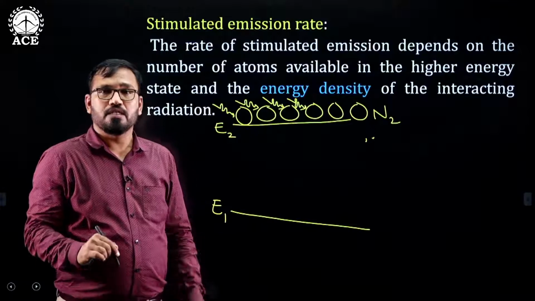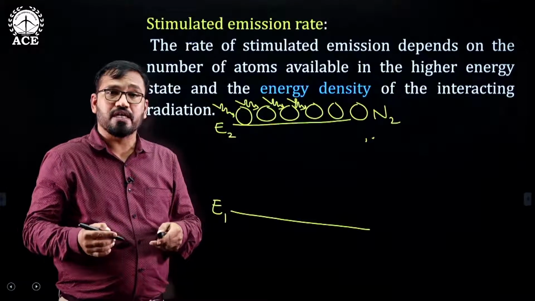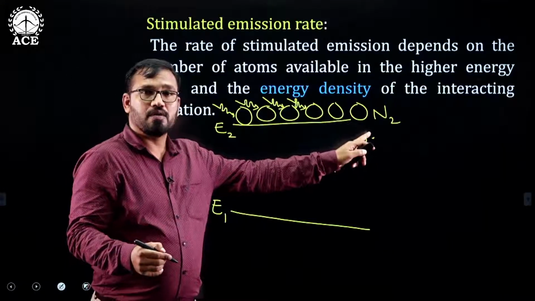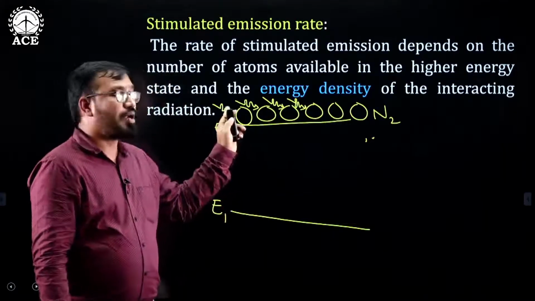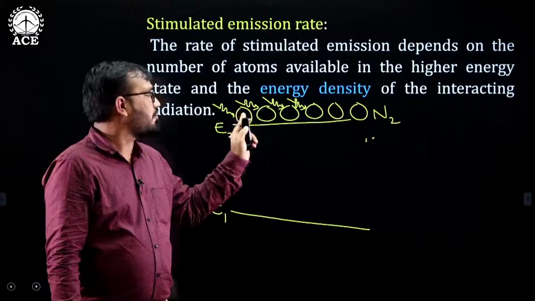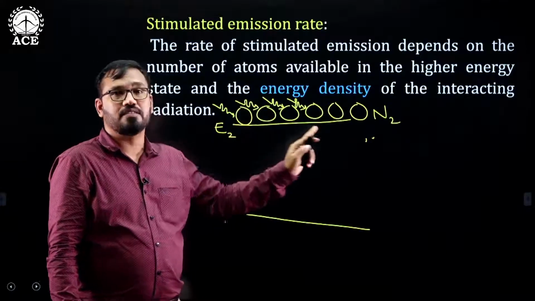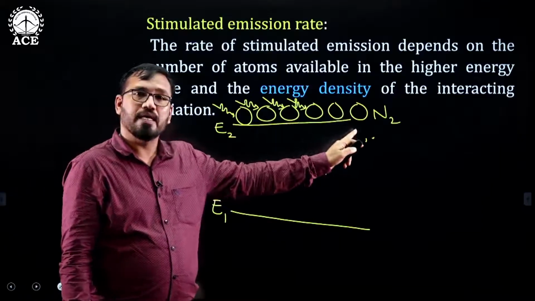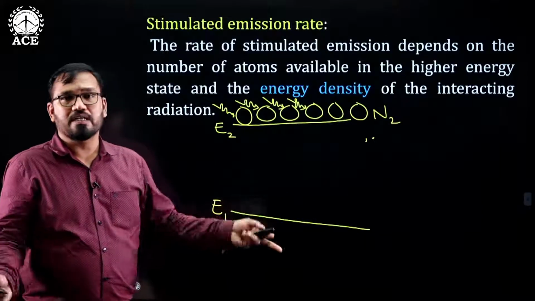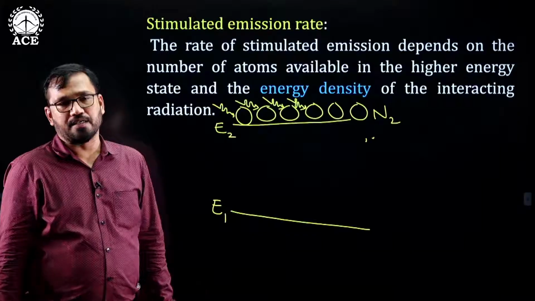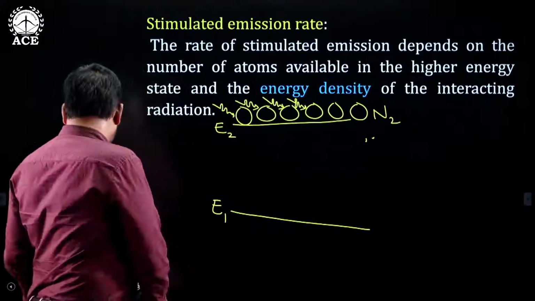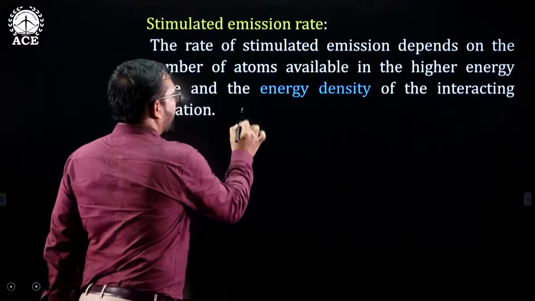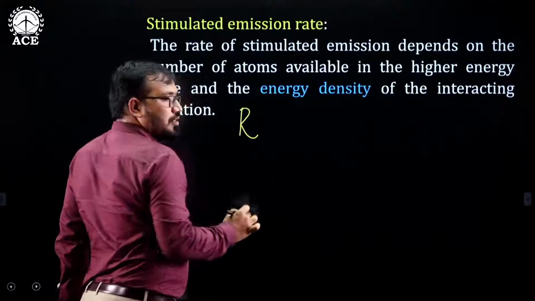So that means the transition rate, which transition rate? The stimulated emission rate depends on the number of atoms, that is one thing, and second, the number of photons, that is the photon density, interacting with the atoms present in the excited level. So what is the transition time? The same delta T. So what am I going to write here? What is our transition rate?